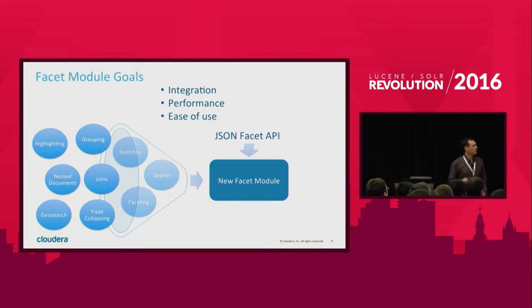So I started the new facet module because over time there's been a lot of functionality in Solr that's been developed that hasn't necessarily worked that well together. These were developed as little discrete pieces, like statistics, and the statistics did not work well with facets. Facets did not work well with field collapsing.